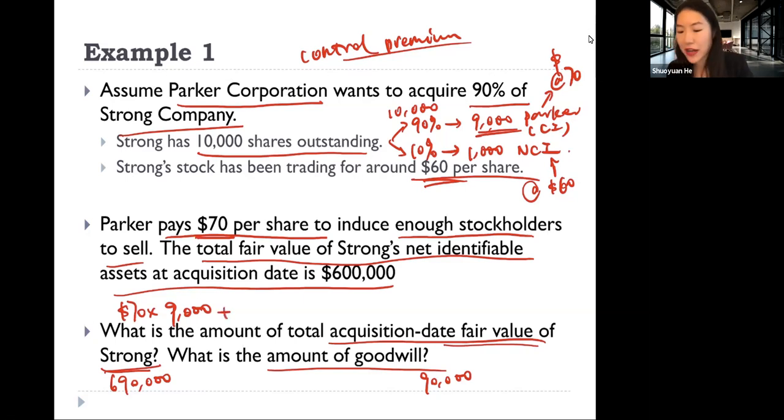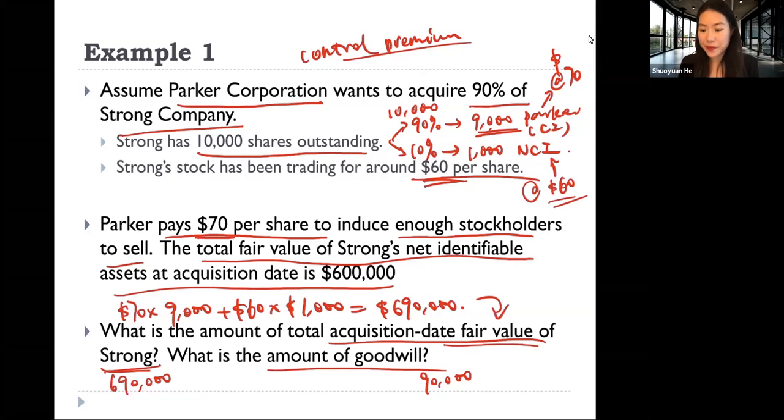And what is the fair value of the non-controlling interest? The non-controlling interest is actively traded at $60 per share, and those are 1,000 shares. So the total of those is 690,000. And this is the acquisition date fair value of Strong.